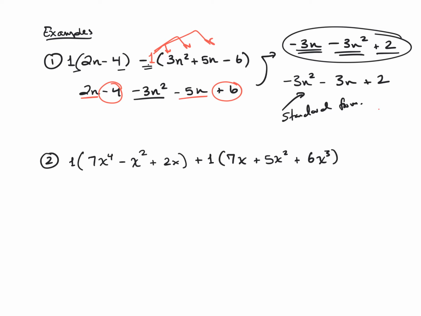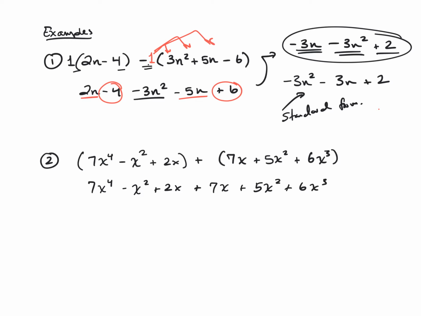So I can either do this without even having the 1s involved, and just look for like terms and add them across, or you can go ahead and distribute that, and you can have the 7x to the 4th and basically drop the parentheses if you want to distribute a positive 1. But when you're adding, you don't need to do anything with this. You're literally just going to go directly to combining like terms.